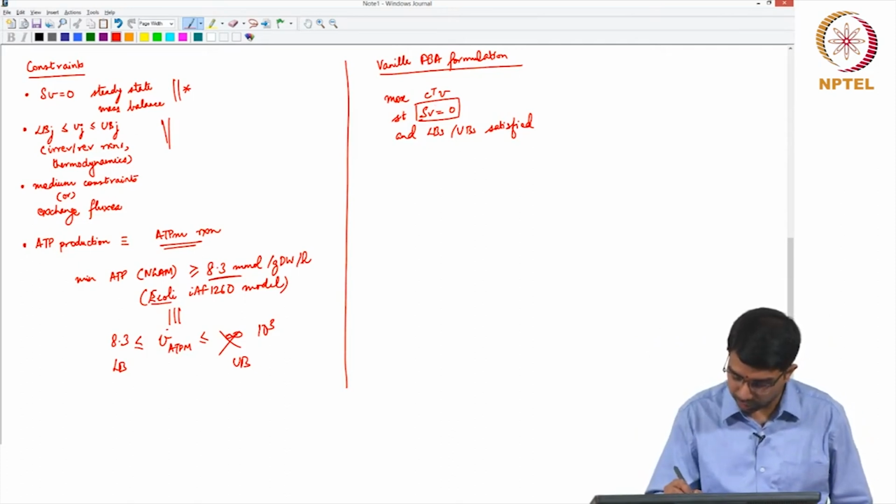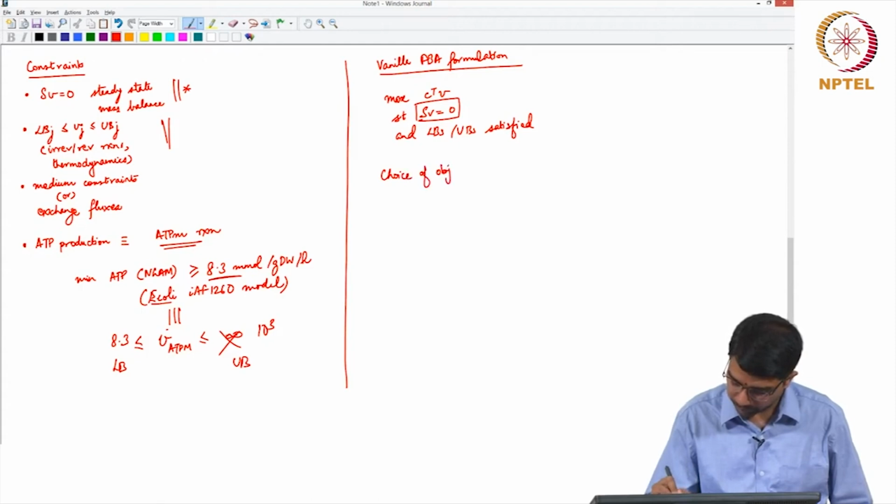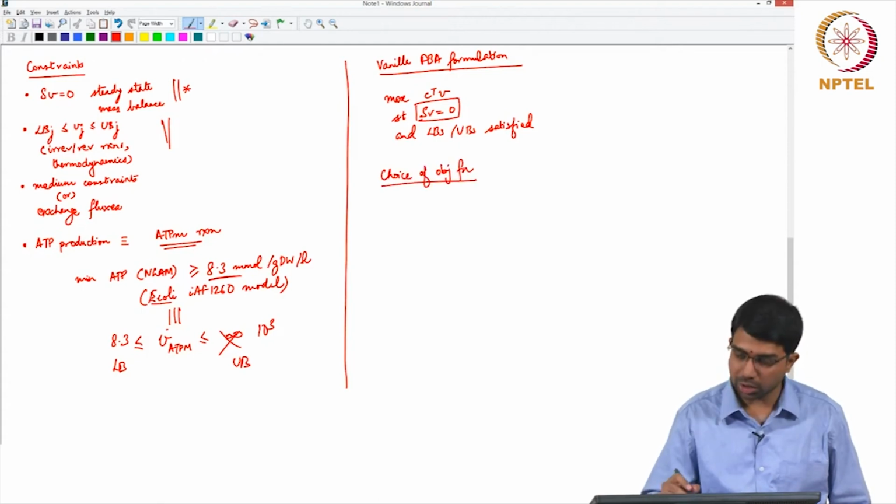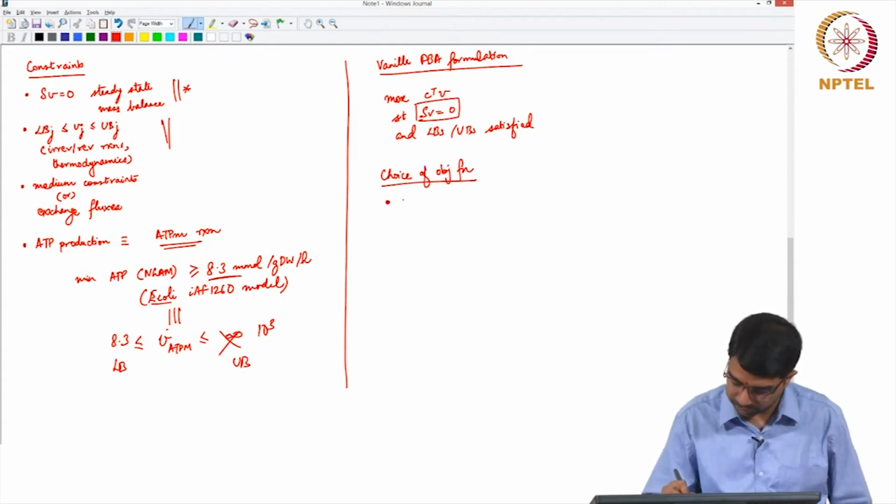So, now the next important thing is choice of objective function. What are the possibilities?